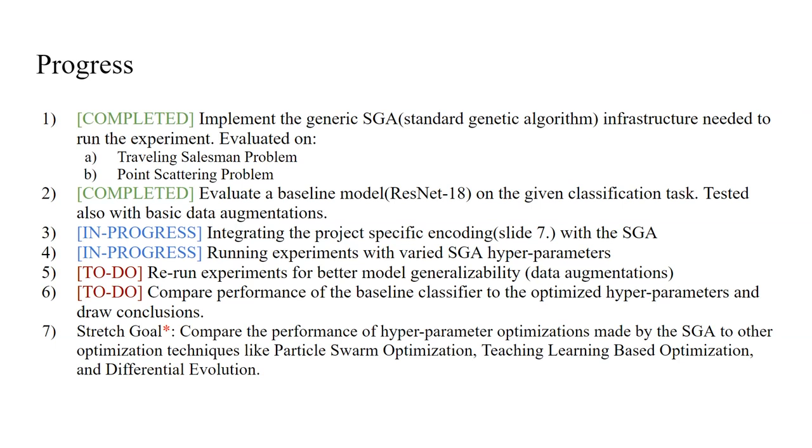As a stretch goal, SGA is just one type of optimization technique, but there are others, of which I've listed a few, like PSO, TLBO, and differential evolution. Given the time, I will try to explore these to see if I can get comparable results.